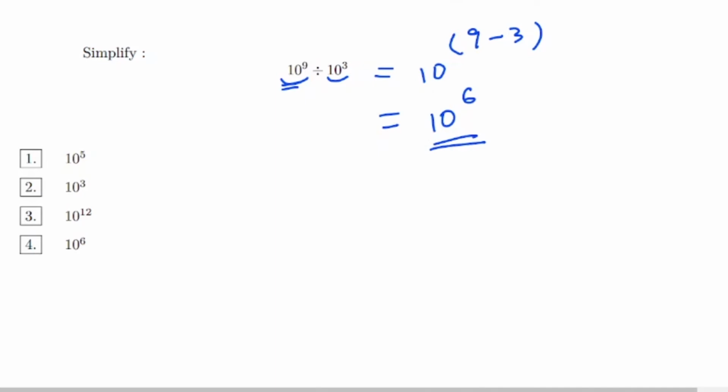And this is the easy way to do it. If you want to go the hard way, you could write out 10 to the power 9 and 10 to the power 3, just divide it out and work it out, and you'll still get to this answer, but it's a lot more work. So this is the correct answer.